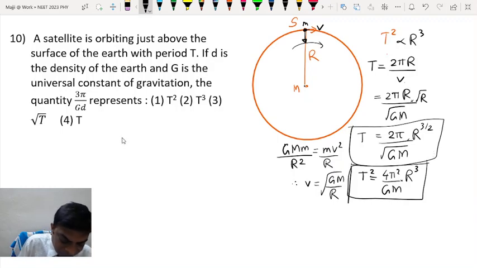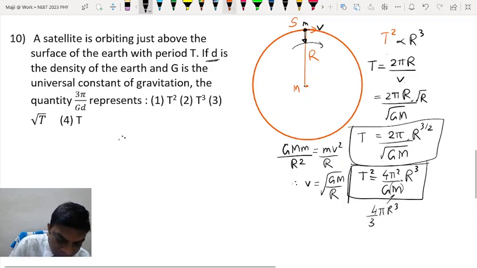Now in this situation, let us substitute the value of mass as volume into density, because they have mentioned density as d. Sorry, instead of rho they have given it as d. So let us replace m with 4 by 3 pi r cube times d.